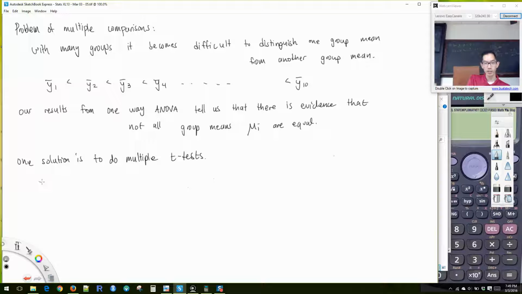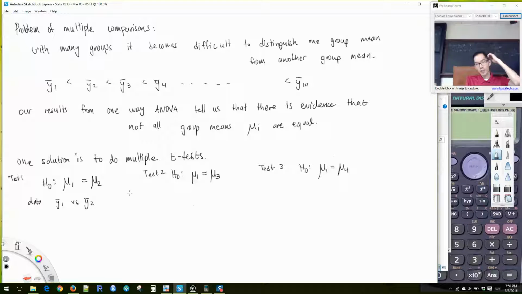The null hypothesis could be mu1 equal to mu2, and then your data uses y bar 1 versus y bar 2. This is test 1, and then test 2 will be mu1 equal to mu3, and then so on and so forth. Mu1 equal to mu4?